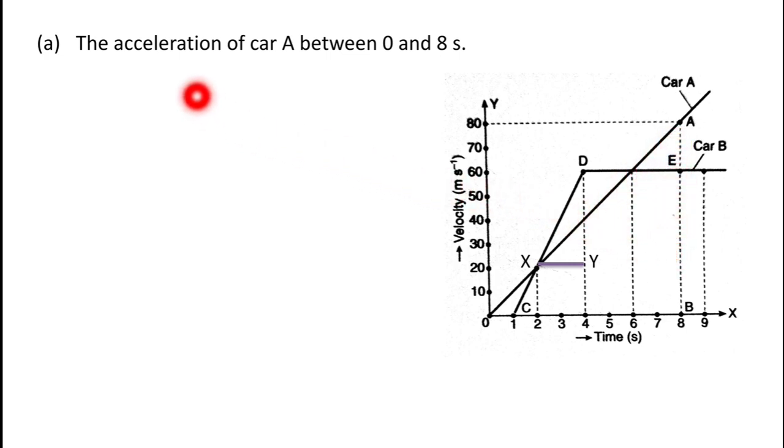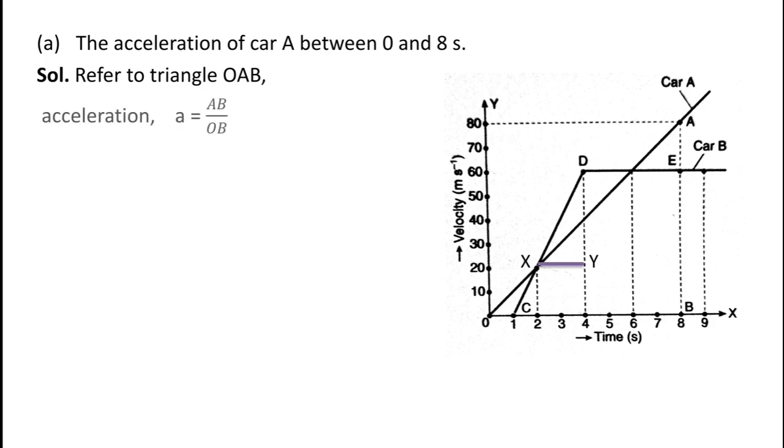We have to determine the acceleration of car A between 0 and 8 seconds, so we need a triangle having base from 0 to 8 seconds. From this graph you can see that OAB is such a triangle. So we can take help of this triangle OAB. From this triangle OAB we can write acceleration is given by AB upon OB.